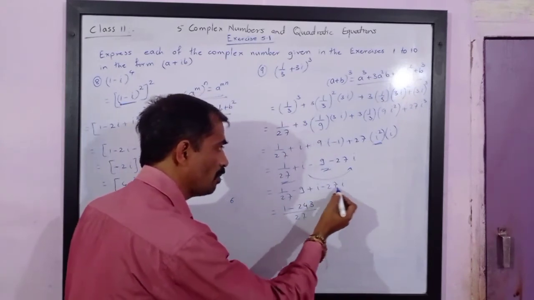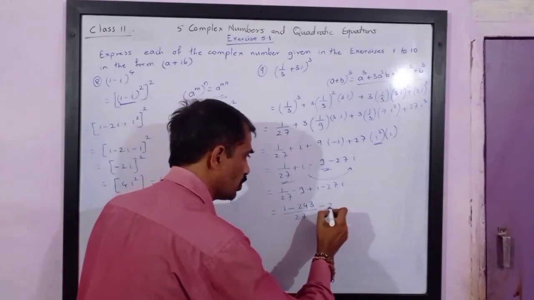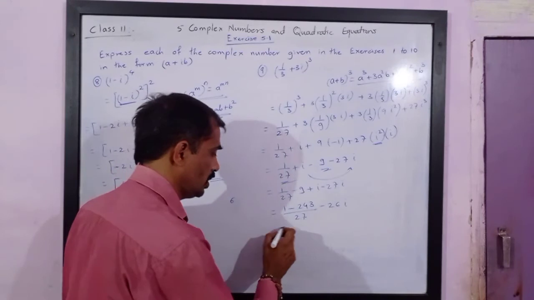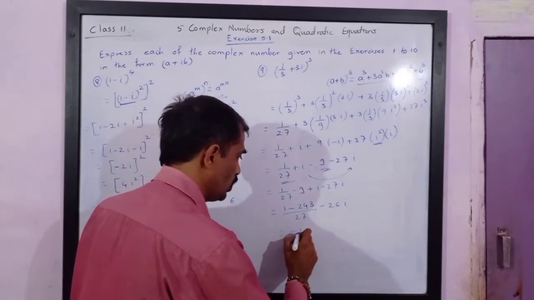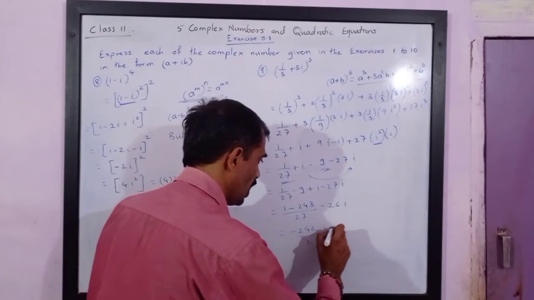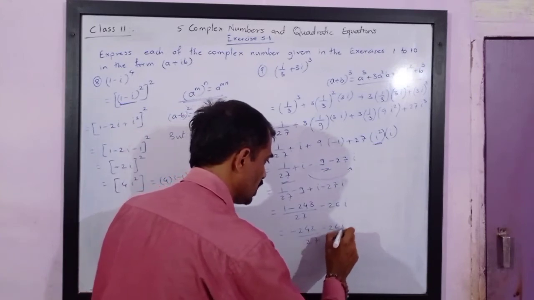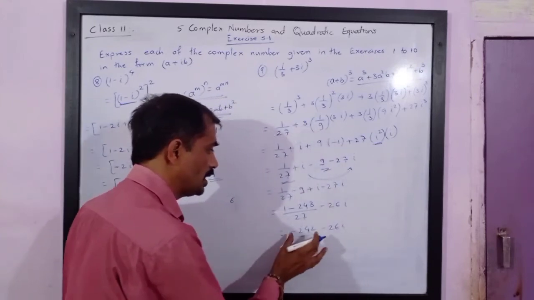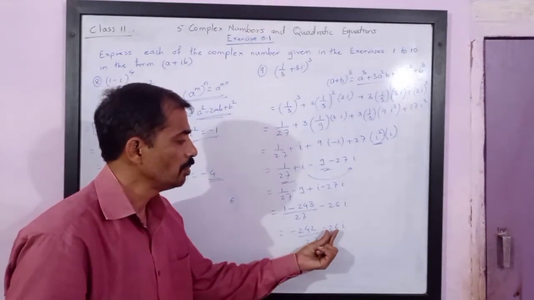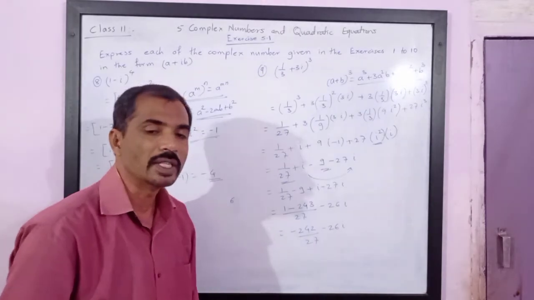This is plus I minus 27, so you will get minus 26I. Now this can be solved. You will get minus 242 upon 27 minus 26I. So A is equal to negative 242 upon 27 and B is equal to negative 26.